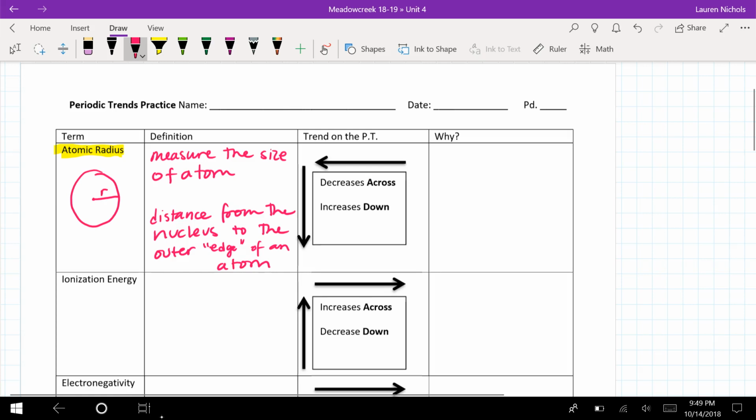The trend we see when you're looking across, and across always means from left to right, across a period, which is the same thing as a row, side to side, is that it decreases. When we look at these arrows, I see it pointing the other way, but your arrow always points towards the big side.